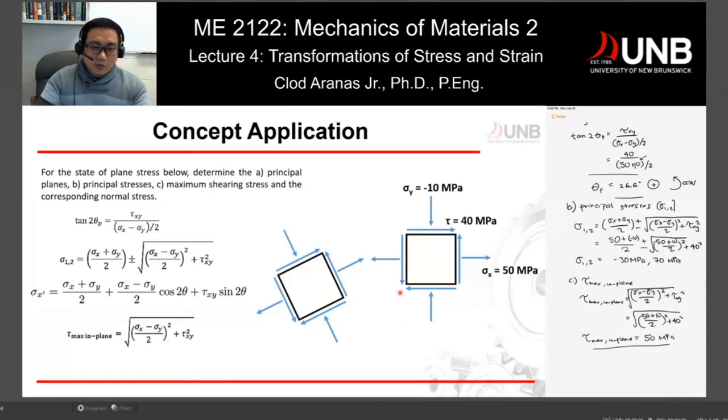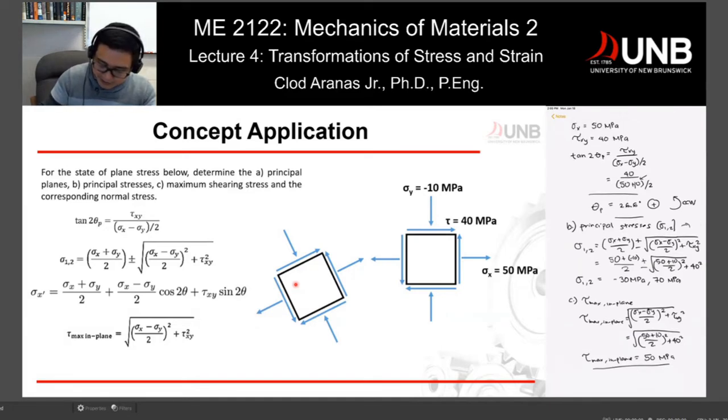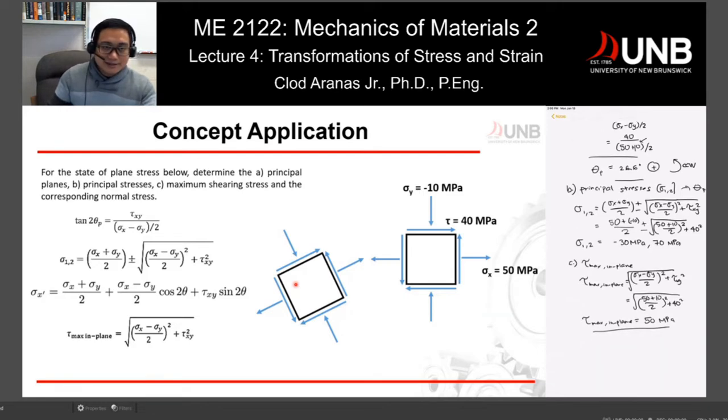And the question here is, now we know that if we have this stress state, we get the rotation at a certain angle, which is theta sub p, in order to get our principal stresses. Our maximum shearing stress is not associated with theta sub p. Take note that your principal stresses are associated with theta sub p, but your tau max is not.